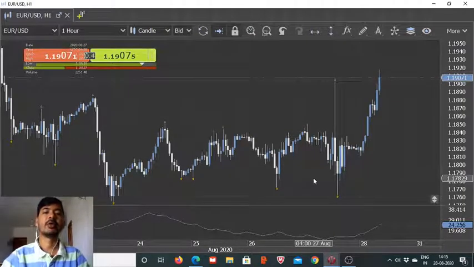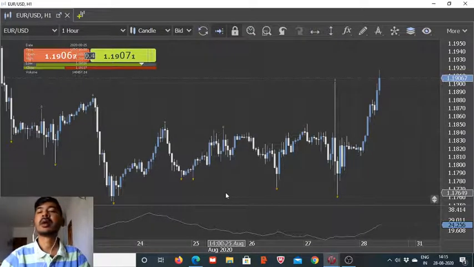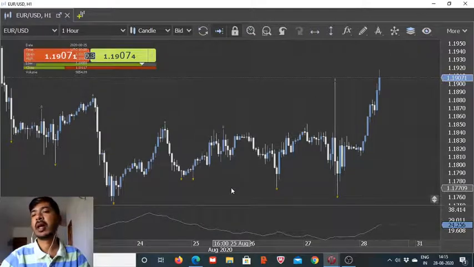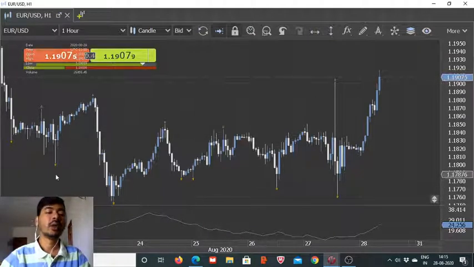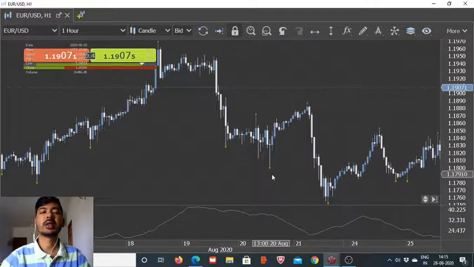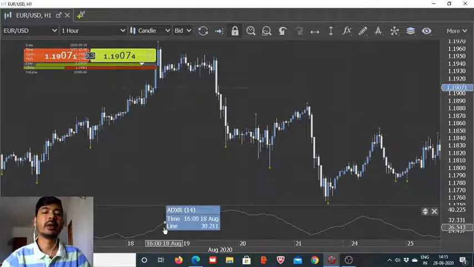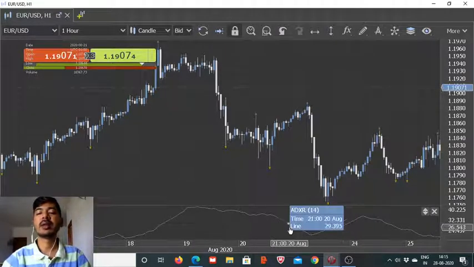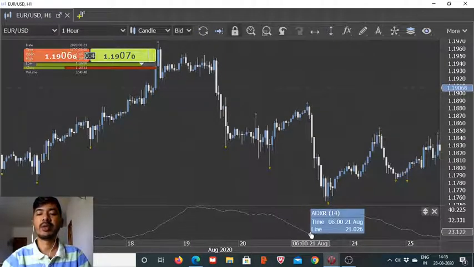The prices are trading in a narrow range. So the idea is to go for trading opportunities only when the ADXR is above 25, and to sit on the sidelines if the values are below 25.